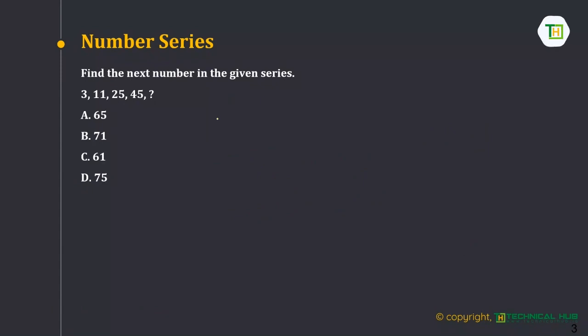Coming to the next one, find the next number in the given series. If the series is 3, 11, 25, 45, what is the next number? First take the difference. Between 3 and 11, difference is 8. 11 and 25, difference is 14. 25 and 45, difference is 20. What would be the next difference?